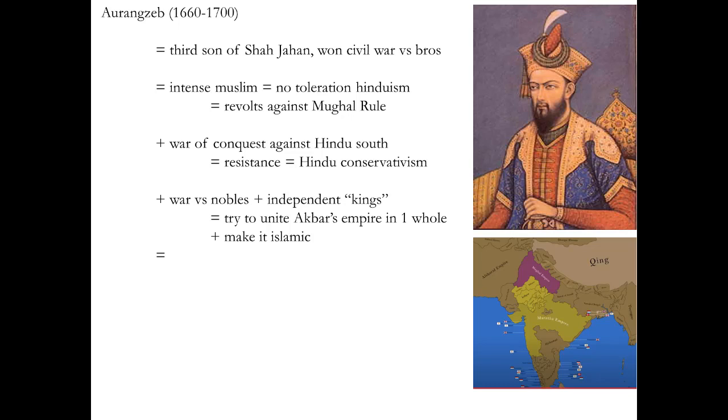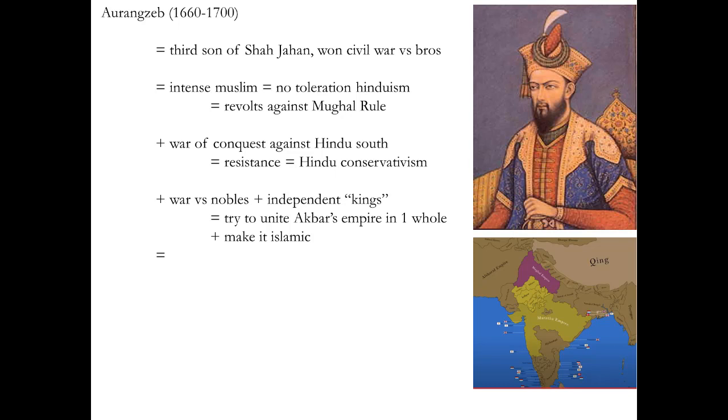Shah Jahan's third son, Aurangzeb, will, after a civil war, take over. Now, Shah Jahan won a civil war as well, so it's always telling you that there's a problem. That Akbar wins, but they have enough sons that succession is a problem, and that every successor is going to have to defeat his brothers in order to reunify the Mughal Empire.